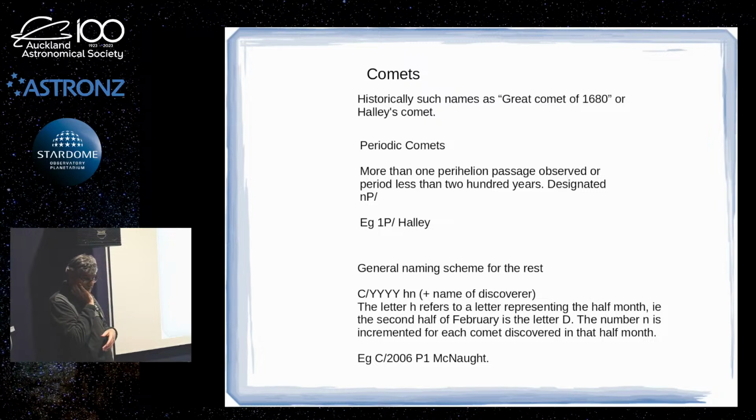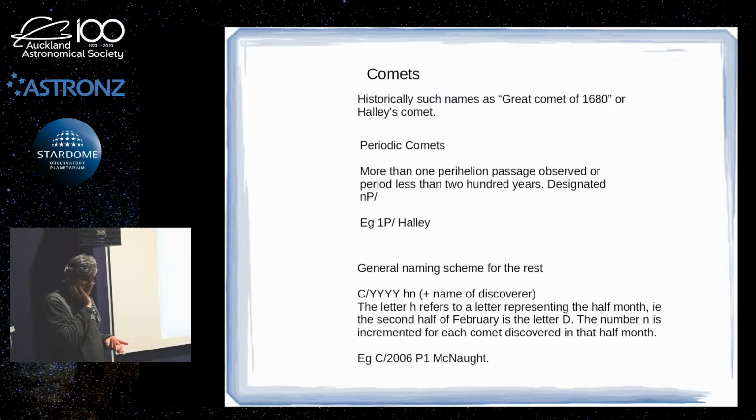Sure enough, it was after his death that the return was seen, so they duly named the comet in his honour. And in fact, they do have a convention now where if you are the discoverer of a comet, you get it named after you.